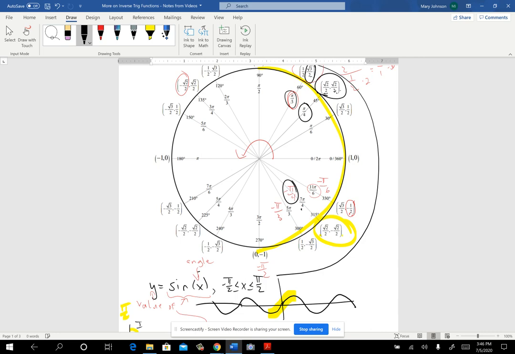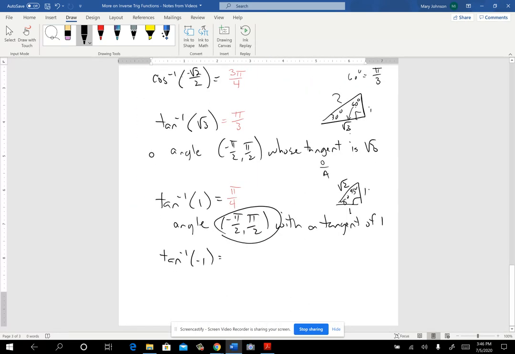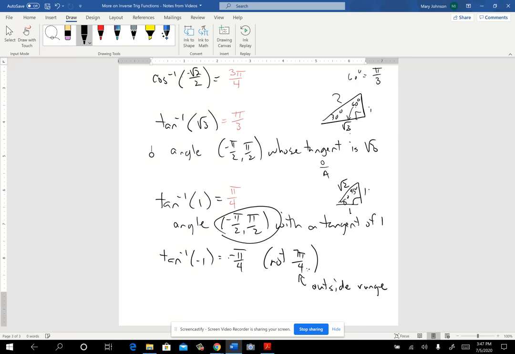It would be negative pi over 4. It's really important. You would report your answer back as negative pi over 4, not 7 pi over 4, because that's outside the range. So you have to be sure you use the negative pi over 4, not the coterminal angle of 7 pi over 4.